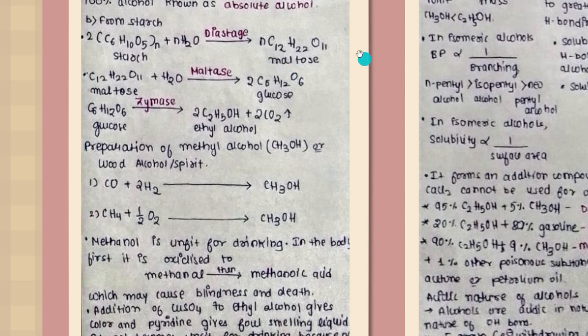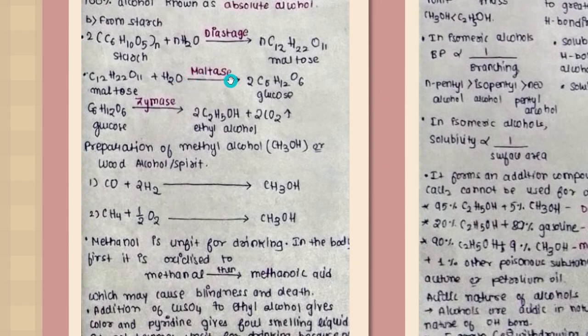Again, the formula for sucrose and maltose is the same, but here maltose is formed. Starch in presence of diastase and water will give us maltose. Now this maltose again reacts with water in presence of maltase.